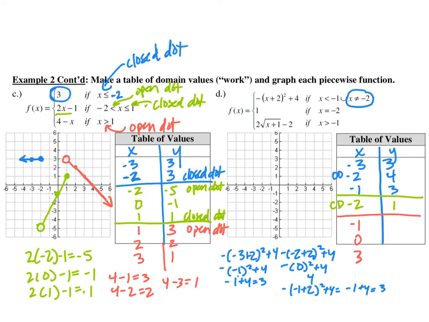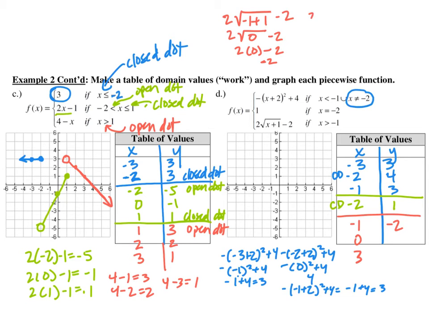Now we already did the middle subfunction and subdomain, and that was the green. So now let's go down to the red. So I'm going to need a little more space for this, so I'm going to move to the top. So I substitute in -1, 2 times the square root of -1 plus 1 minus 2. Square root of -1 plus 1 is 0. So this is 2 times 0 plus or minus 2. So that would just be -2.